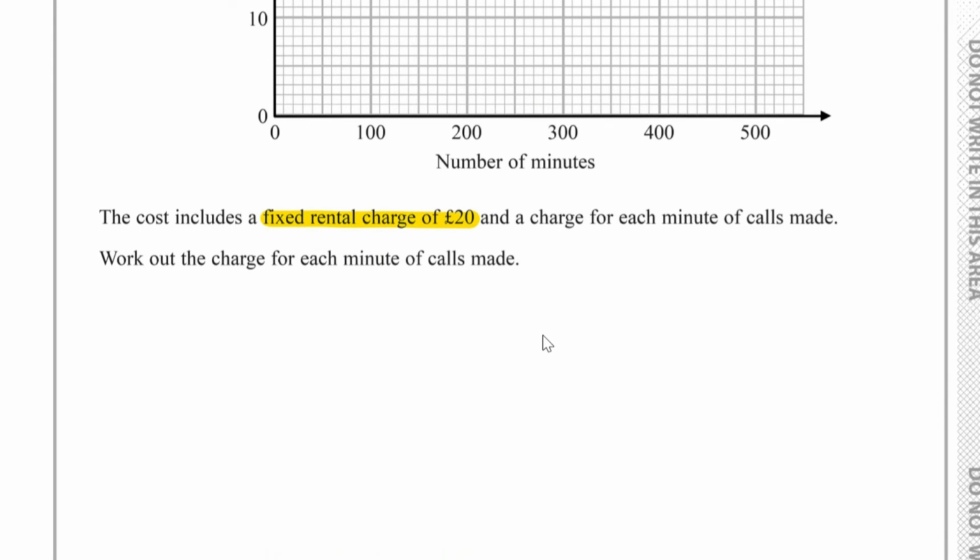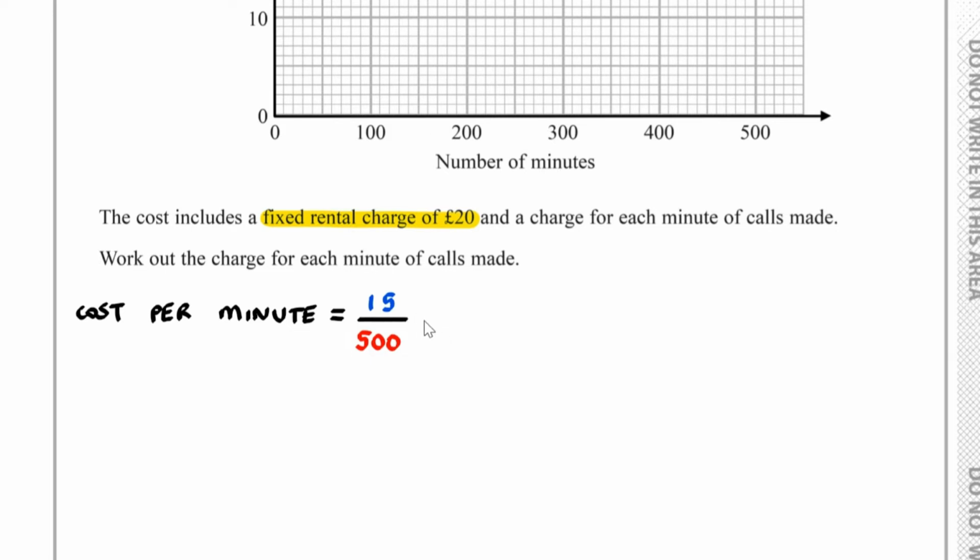So what we can find out is how much it would cost per minute. So the cost per minute is equal to 15 divided by 500.